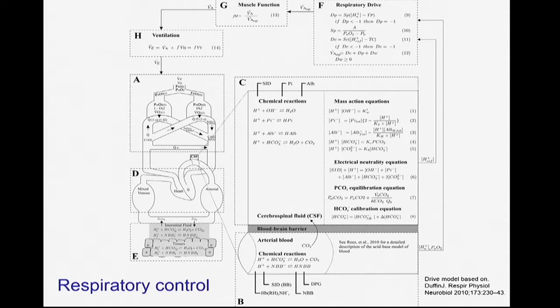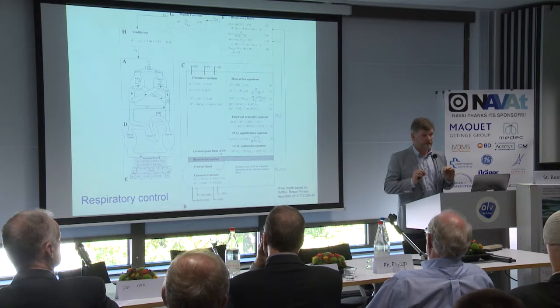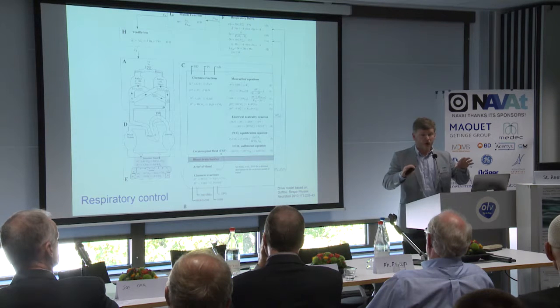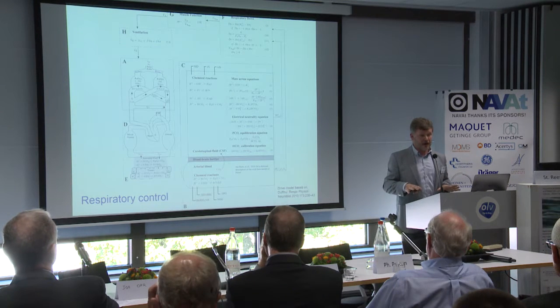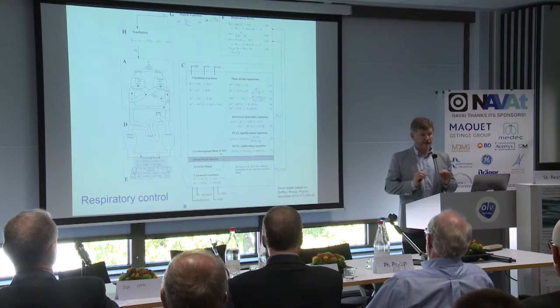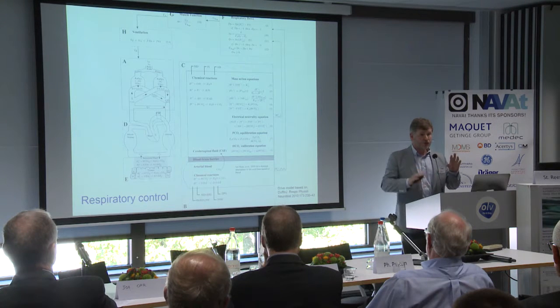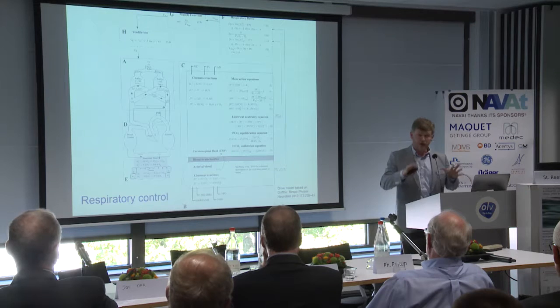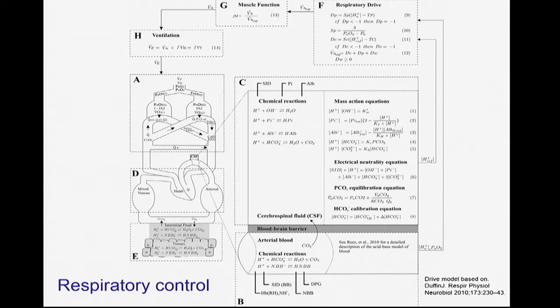And then we turned our attention to respiratory control, and we relied heavily on the work of John Duffin down here, who has built nice models of the CSF, the cerebral spinal fluid buffering. So what that means is if you have a COPD patient who has a naturally depressed drive because of the buffering characteristics of their CSF, you can have a model that automatically regulates that buffering and down-regulates the drive for COPD.